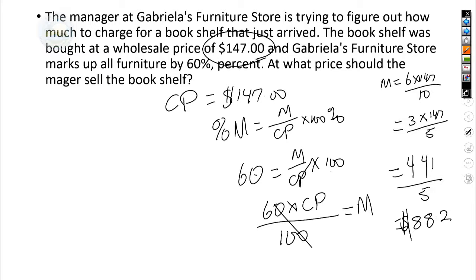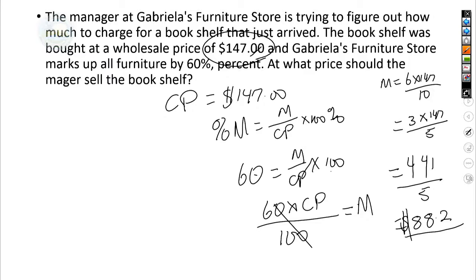Yeah? So how much did it have to sell for? Well, if this is the cost price here, and this is how much they're adding to the number to sell it, then to find the selling price, all we have to do is just add the numbers together.